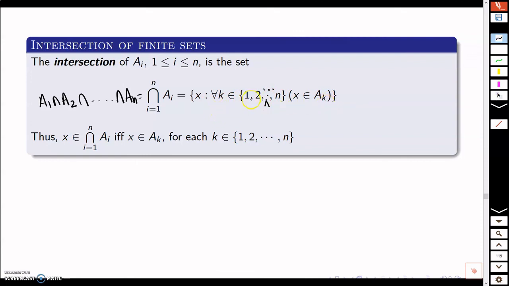That means x is there in A1, it is there in A2, it is there in A3, and it is there in An as well. Okay. So in another way, I can write this as: x belongs to the intersection of all the Ai's, i running from 1 to n, if and only if x is there in Ak for each k from 1 to n. Okay. So this is how you define intersection of finitely many sets.